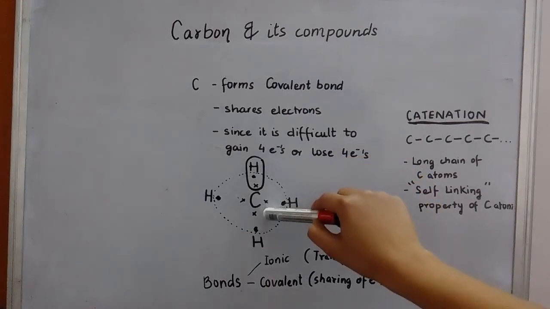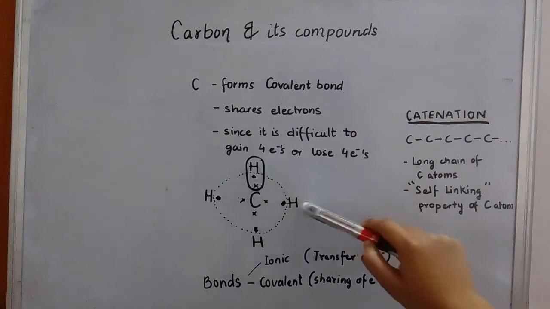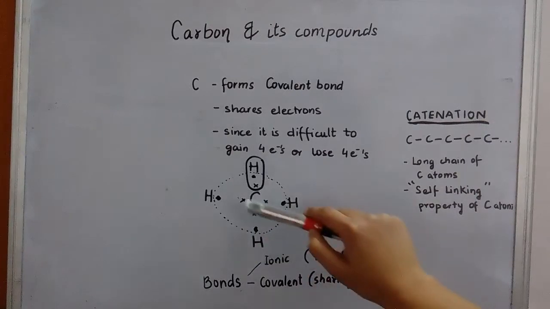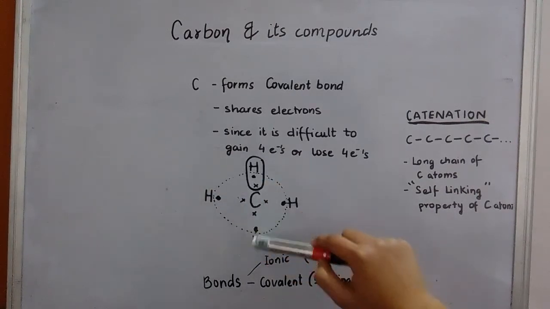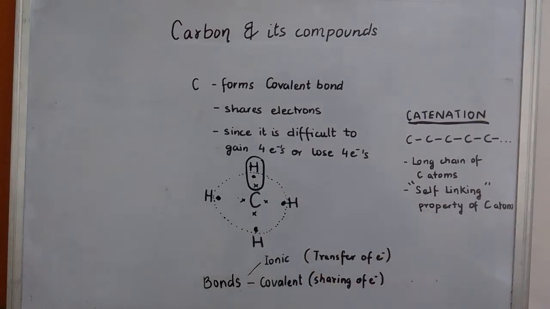Like carbon needs 8 electrons to get stable, hydrogen just needs 2. So it gets its 2. Similarly, this hydrogen is also going to get its 2 electrons, become stable and shares here, and this hydrogen shares here, and carbon in turn shares 1 from each of the 4 hydrogens, completes its octet and becomes stable. So sharing of electrons is taking place, and a covalent bond is going to get formed here.